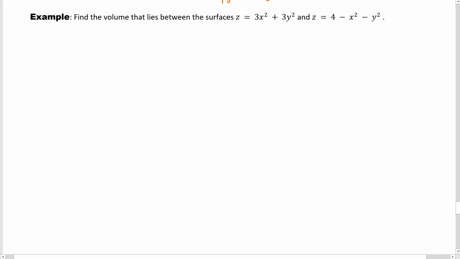Find the volume that lies between the surface z equals 3x squared plus 3y squared and z equals 4 minus x squared minus y squared. Okay, so what do the surfaces look like?